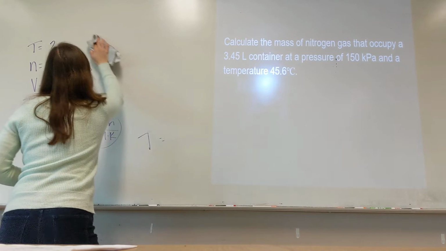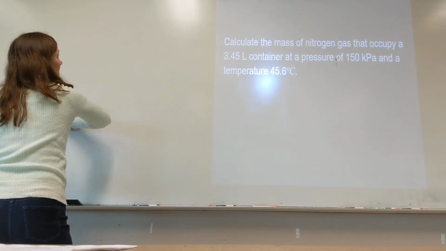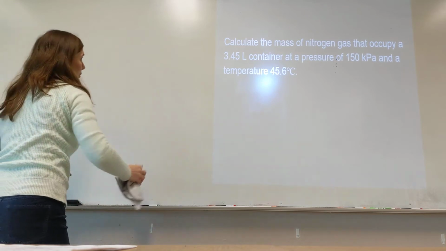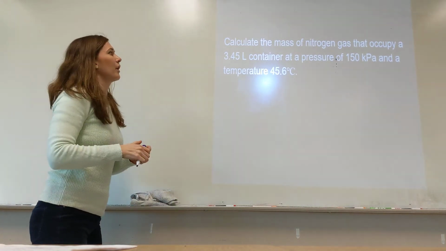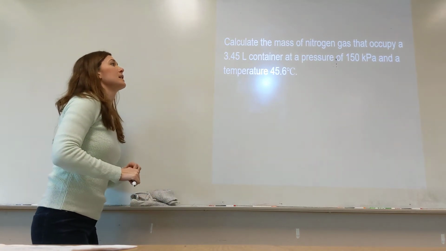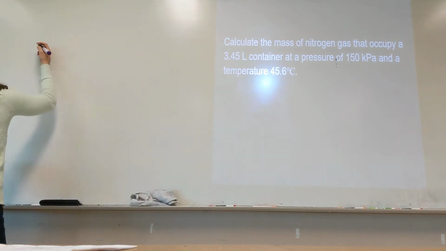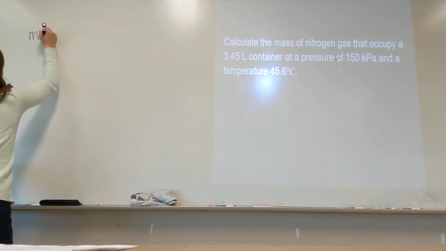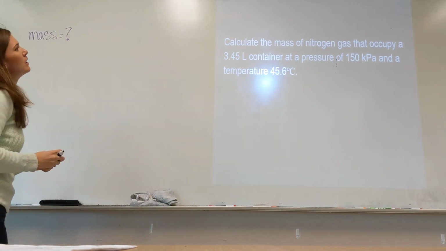Alright, so the next problem says to calculate the mass of nitrogen gas that occupies 3.45 liters at a pressure of 150 kPa and a temperature of 45.6 Celsius. So just like the last problem, I'm going to write down everything that I have or that I'm asked for. It asked me for mass, so I'm going to write mass equals.